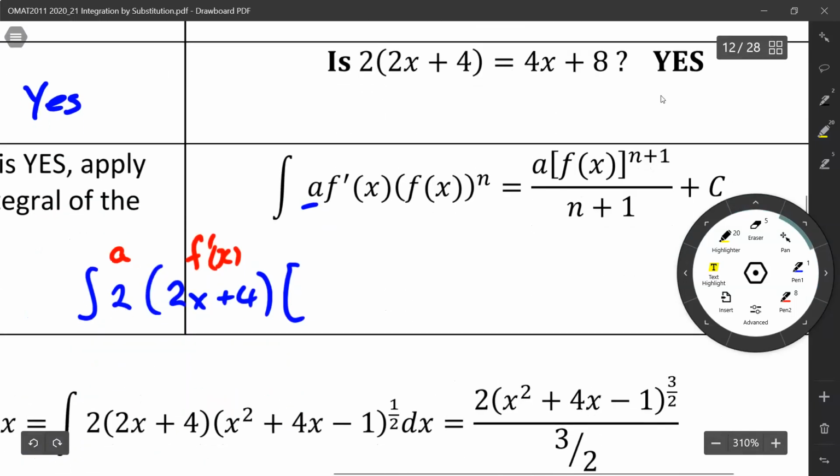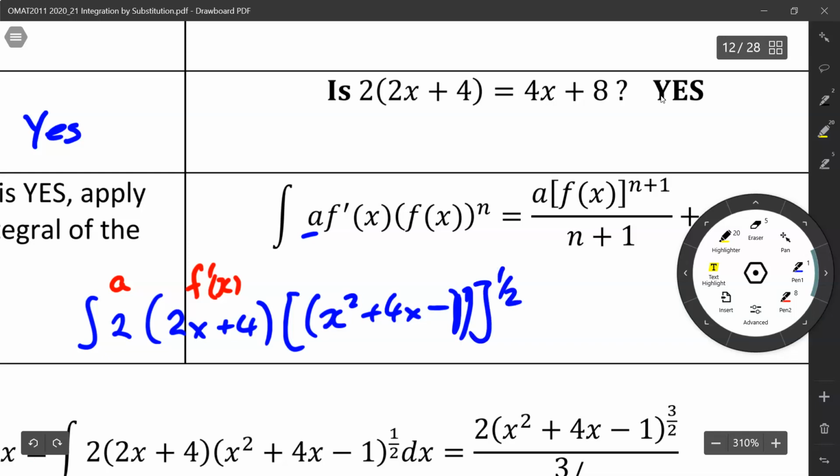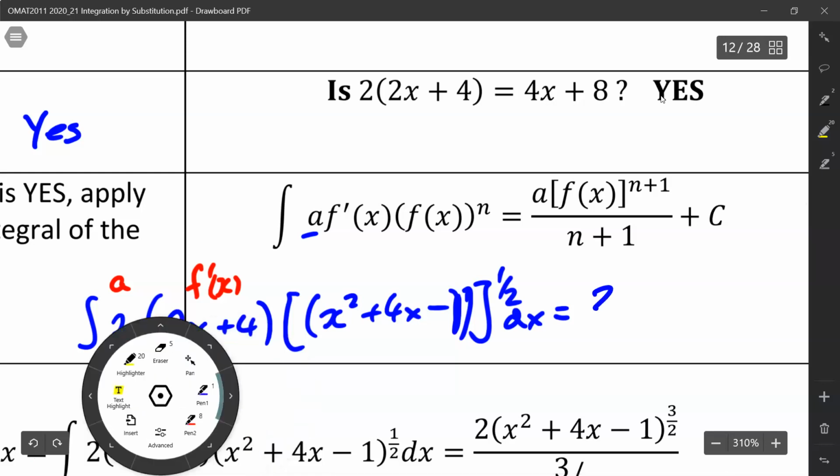So if I follow it here, it's actually 1: the integral of x squared plus 4x minus 1 to the power of a half dx is equal to a, which is 2, times x squared plus 4x minus 1.